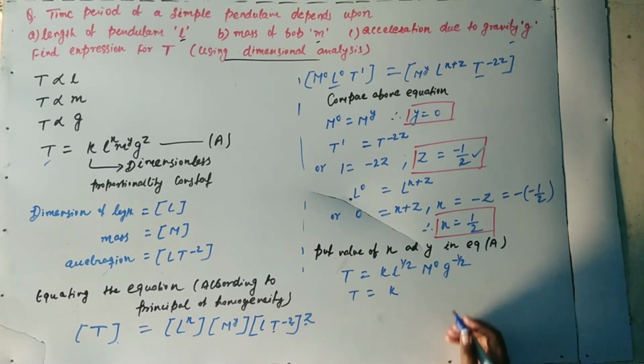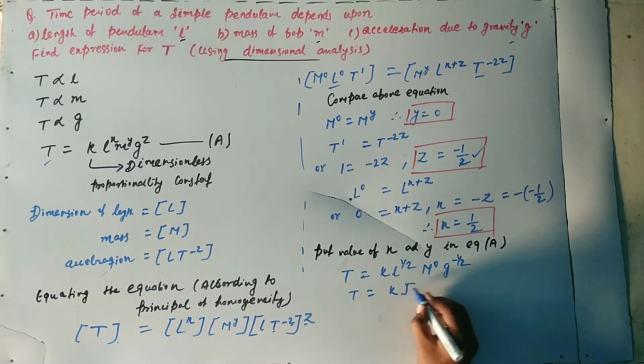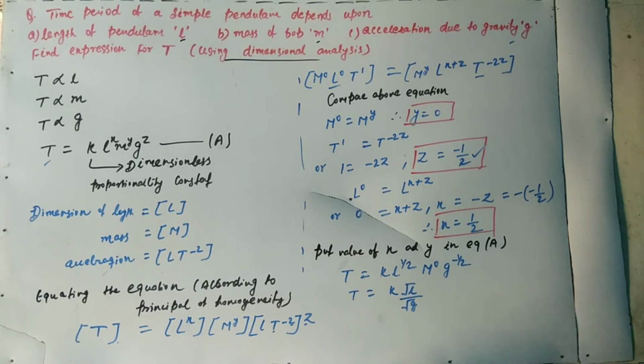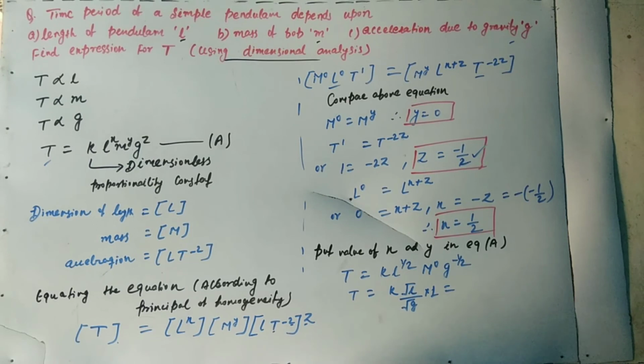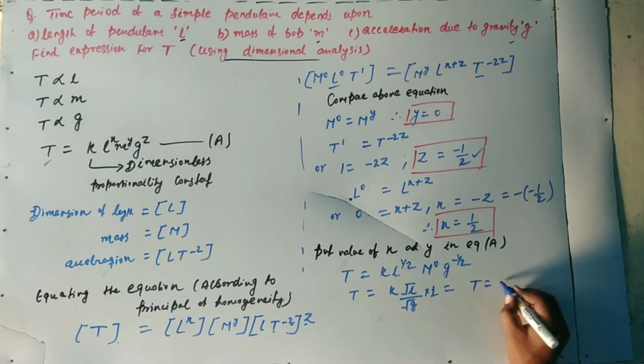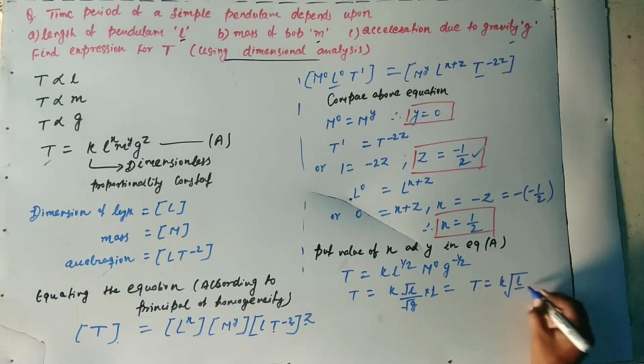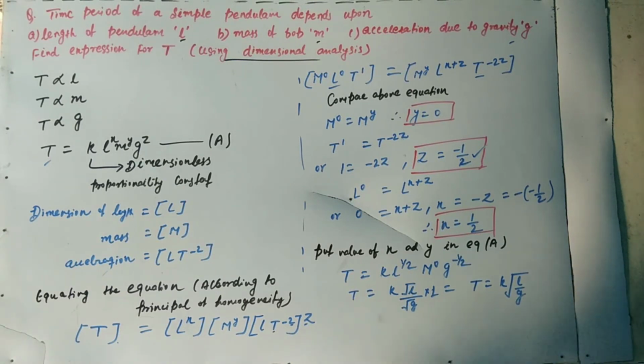Therefore T equals K into root L by root G into 1. Therefore T equals K root over L by G. It is the relation between them.